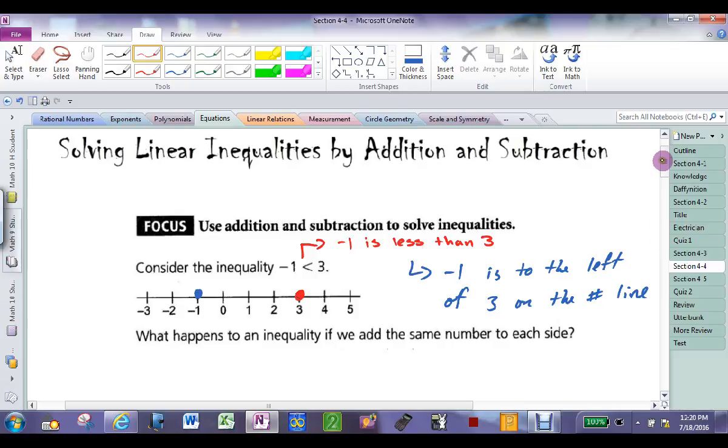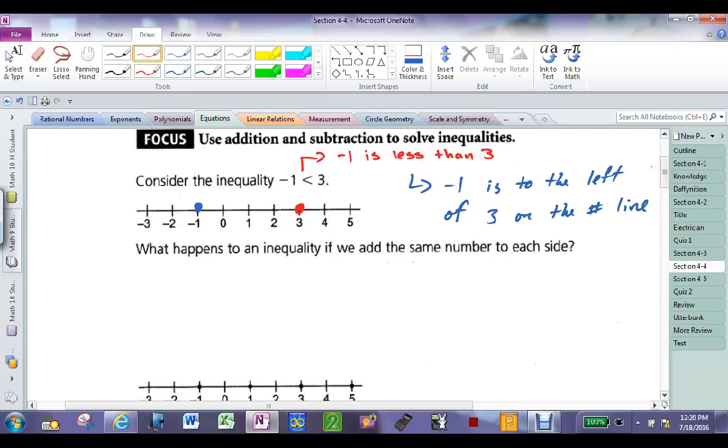Okay, so now, next thing we need to do. What happens if we add the same number to each side? So everybody please write negative 1 and then leave a space. And then write 3. And we are going to add 2 to both sides.